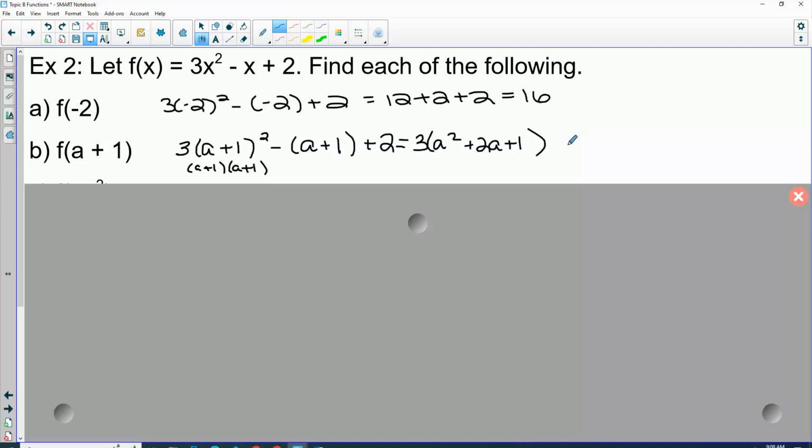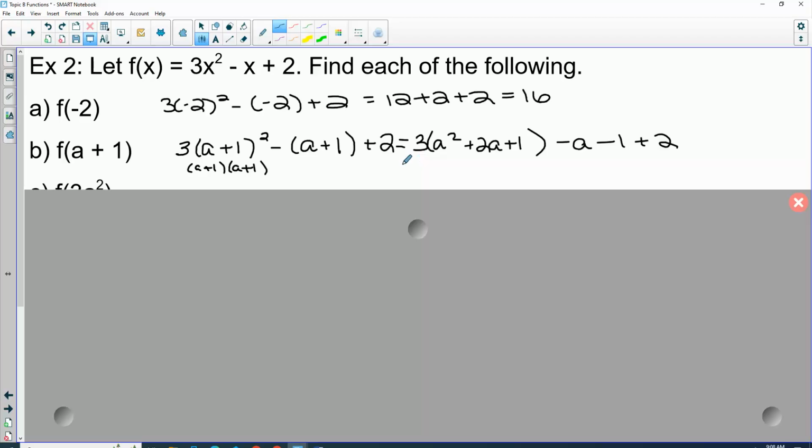If I distribute my negative here, so that would be a minus a minus 1 plus 2. If I distribute my 3, and then finally you combine like terms.